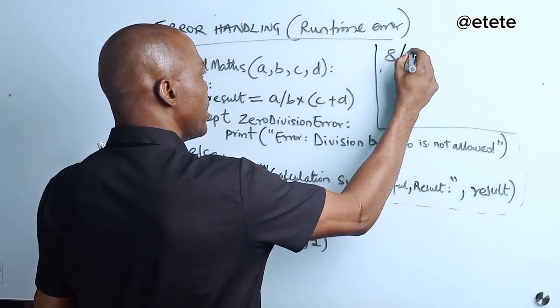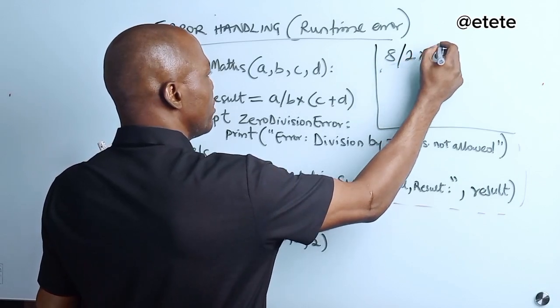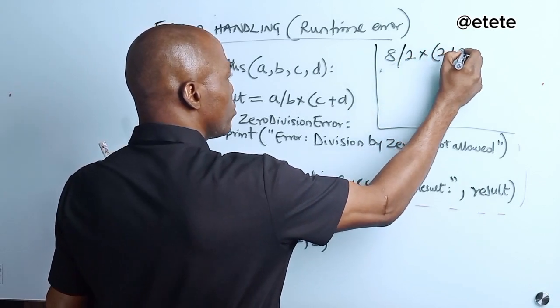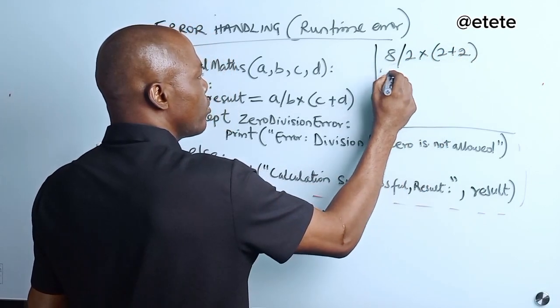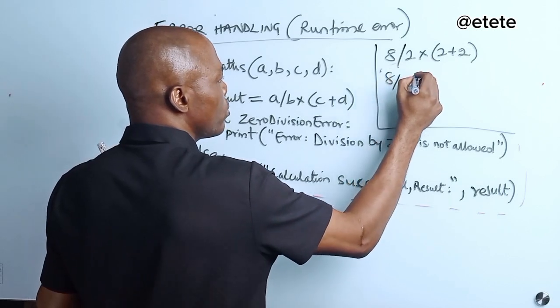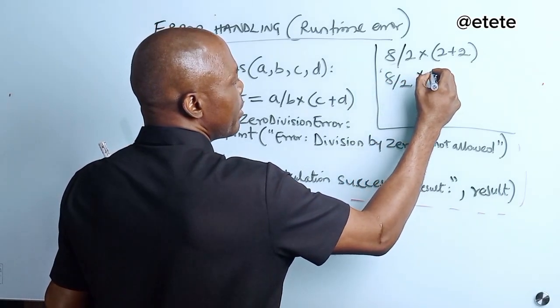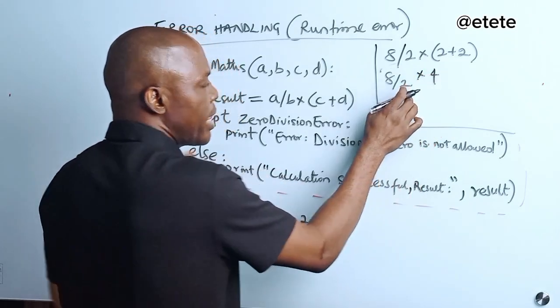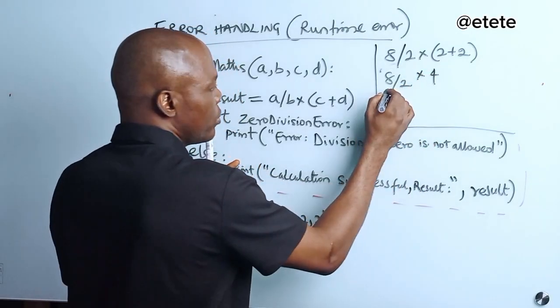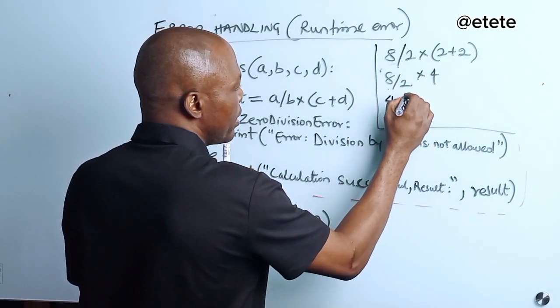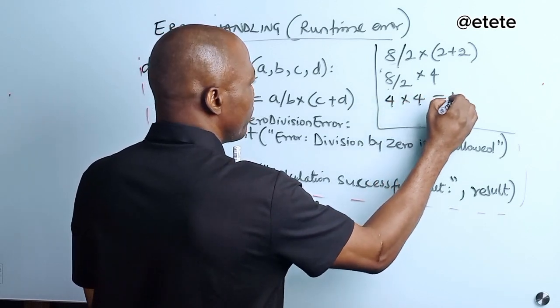So it will give you 8 divided by 2 multiplied by 2 plus 2. Now this one is 8 divided by 2, multiplied by 4. Following the law of precedence, this will be 4 times 4. That will give us what?